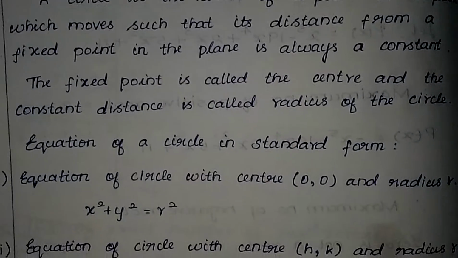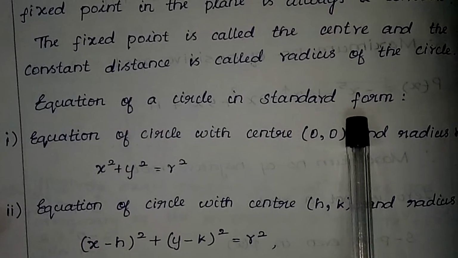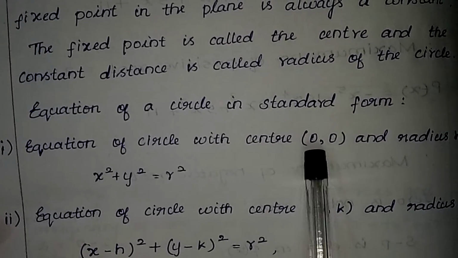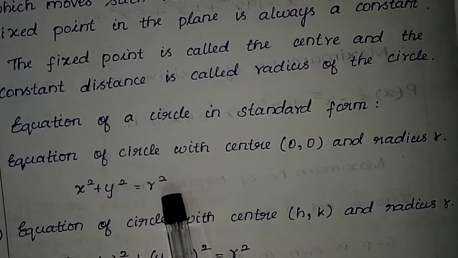And now we can see the equation of a circle, the equation of a circle in standard form. The equation of the circle with center origin and radius r is x square plus y square equal to r square.